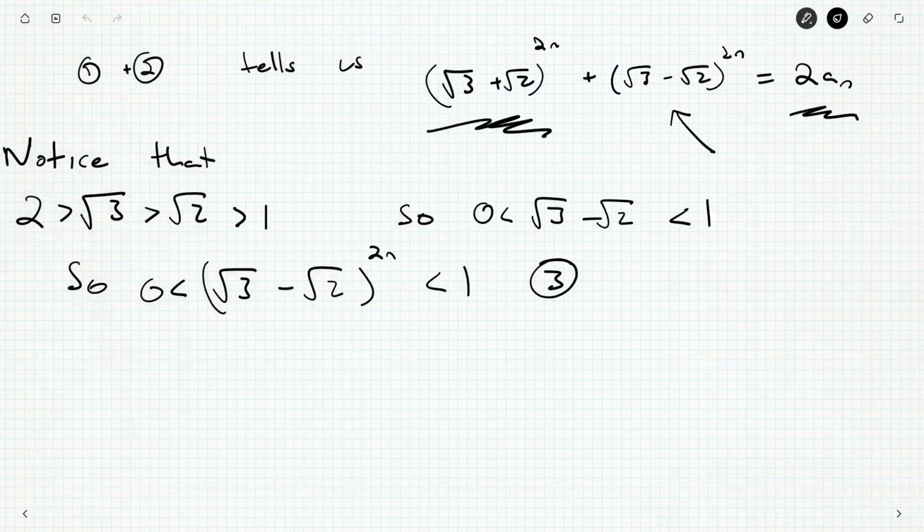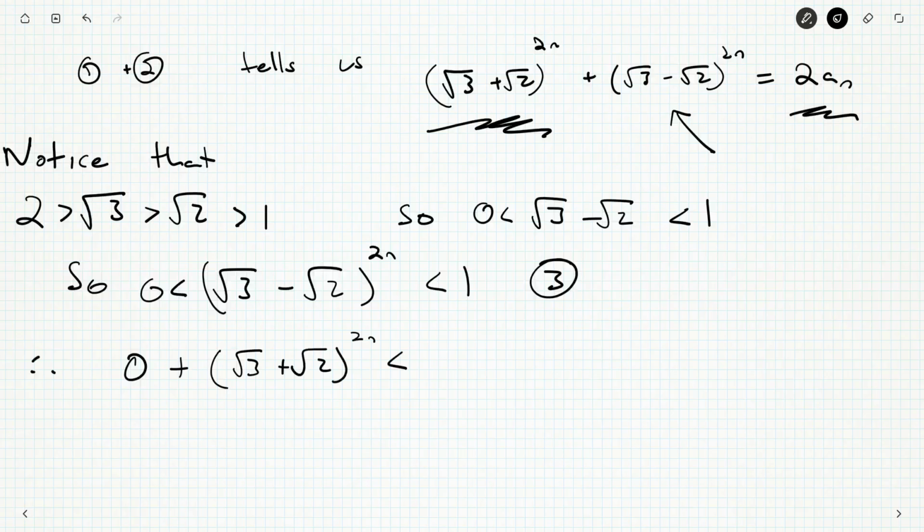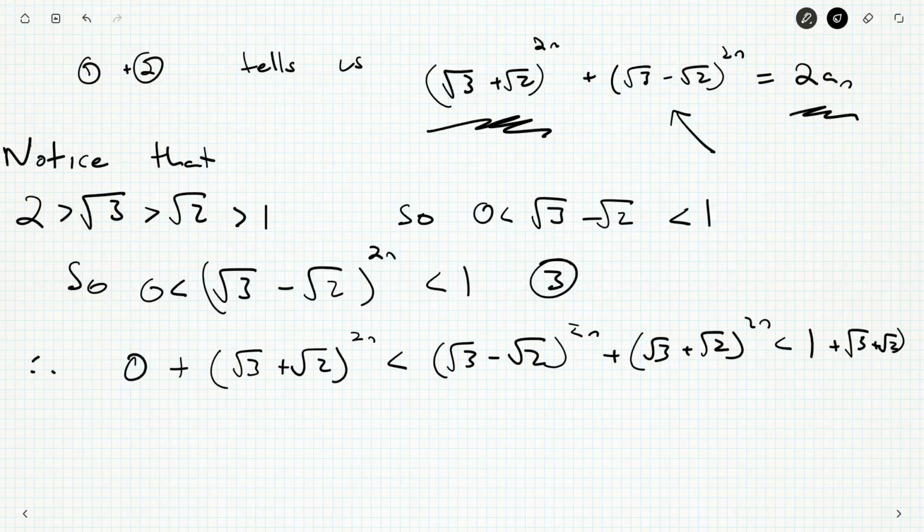Well, 0 plus (root 3 plus root 2) to the 2n is less than (root 3 minus root 2) to the 2n plus (root 3 plus root 2) to the 2n, which is less than 1 plus (root 3 plus root 2) to the 2n.